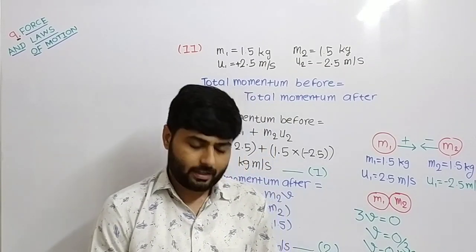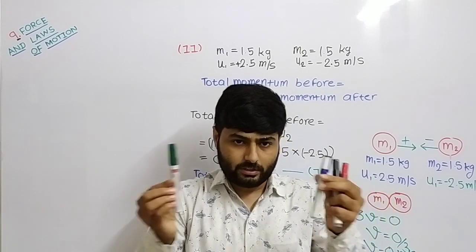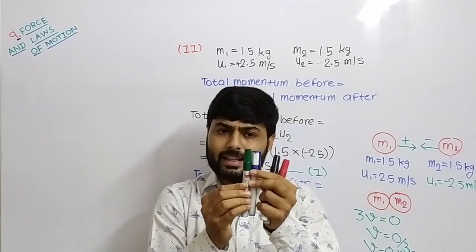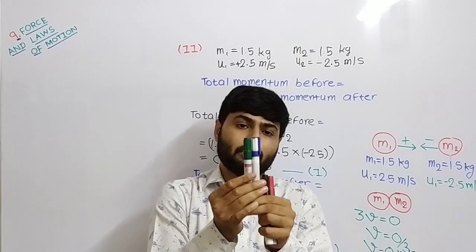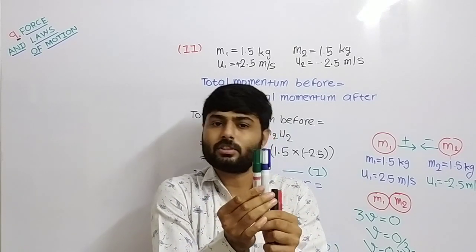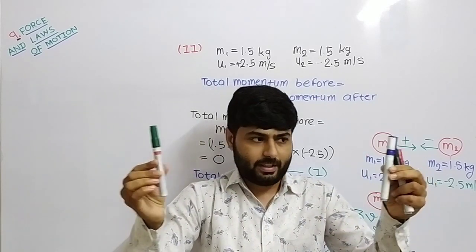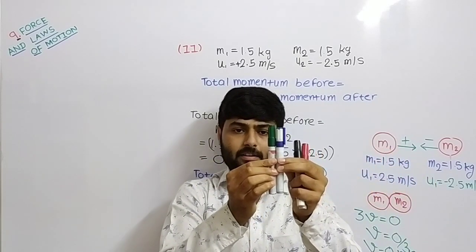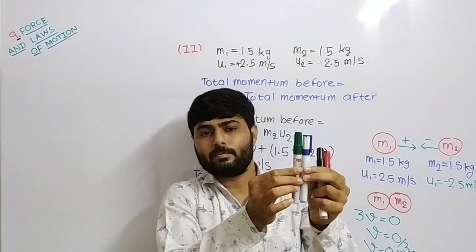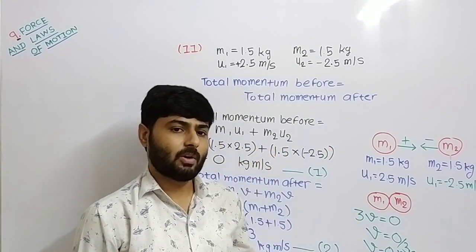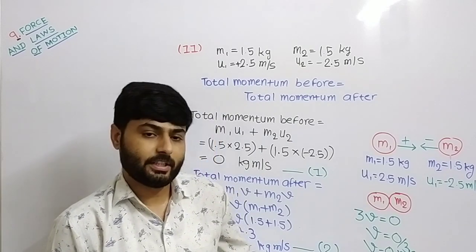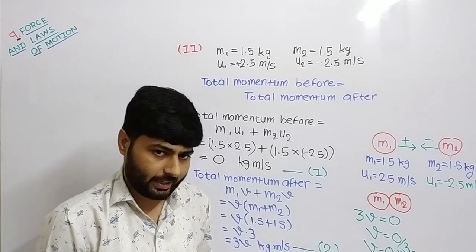It means that after collision they stick together and its velocity will be 0, which means it is in this situation. They come together and go nowhere. This is the situation. So velocity after collision will be 0 meter per second.